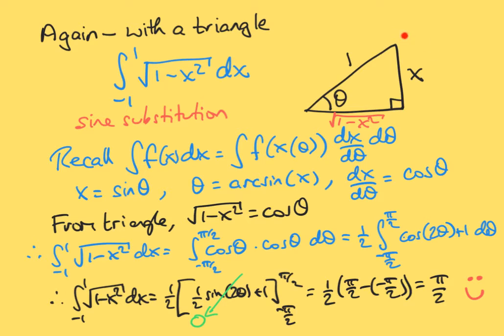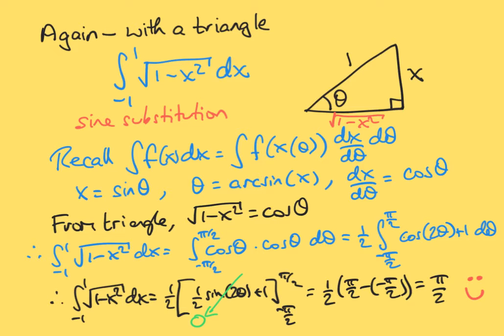So, looking at the triangle tells you immediately that this is a good substitution to make, because the factor in the integrand, which is making life difficult, is one of the sides of the triangle. And as soon as you see that, you think this is almost certainly going to work. After that, it's really just the same as the previous slide.